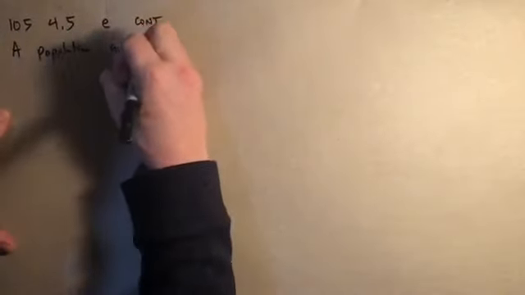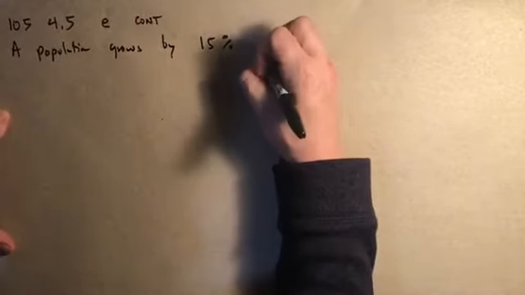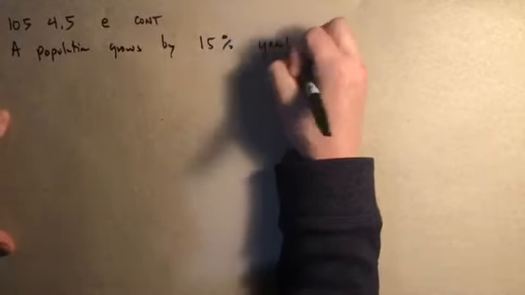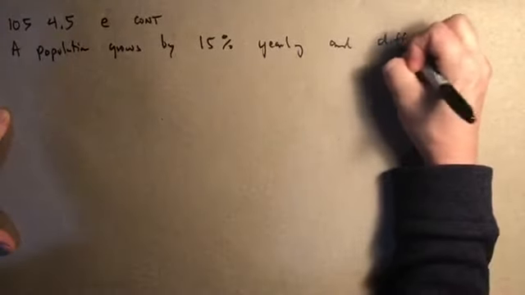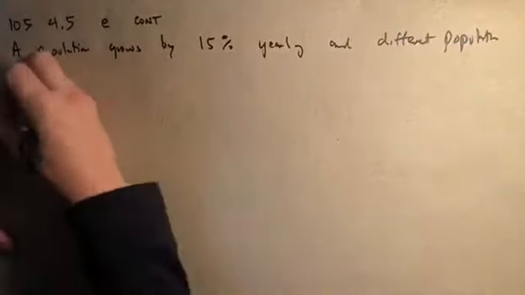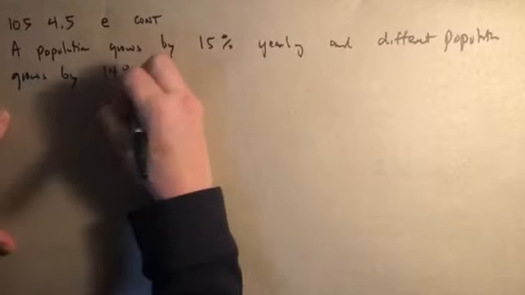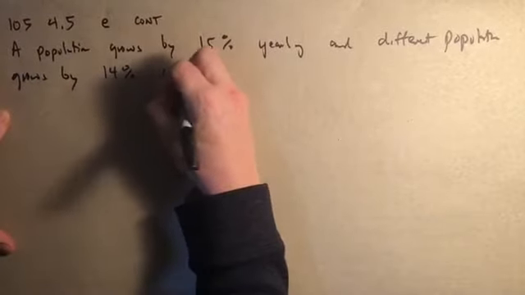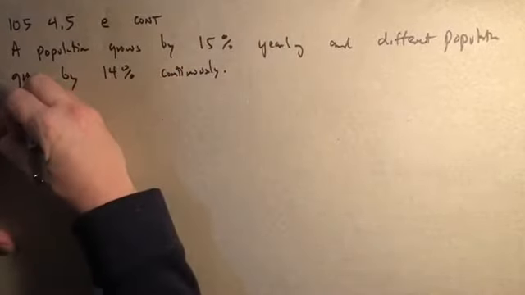Let's continue thinking about these things, and maybe we will have something like this. A population grows by 15% annually, yearly, and a different population grows by 14% continuously. Which grows faster?